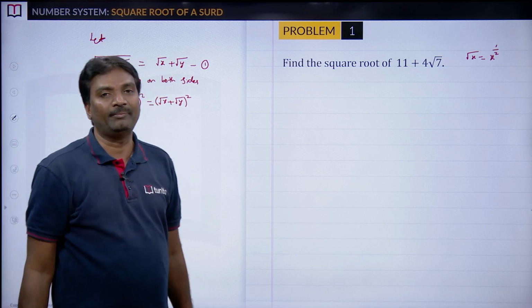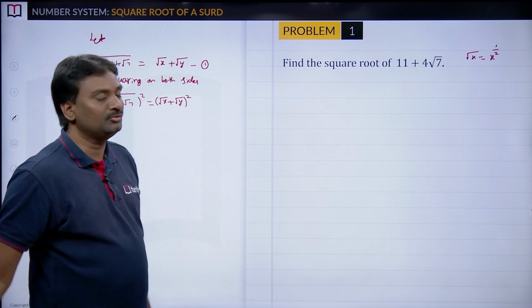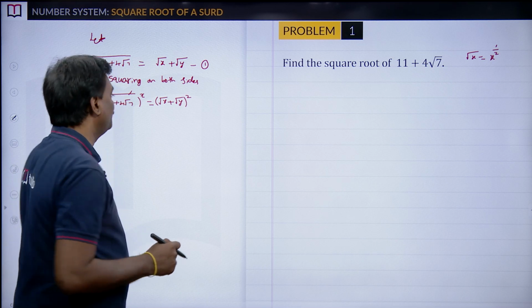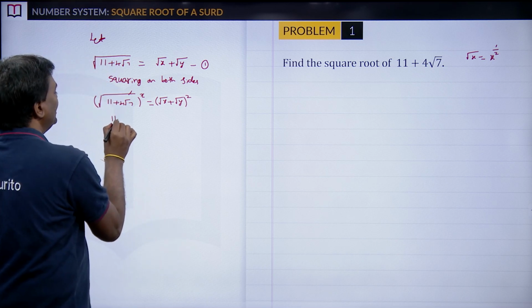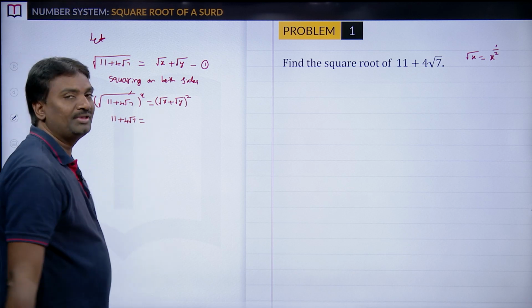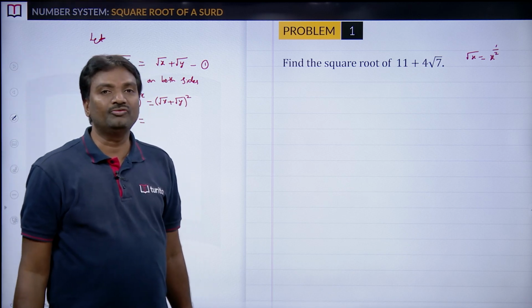So power 1 by 2 and power 2 get cancelled. That's why here we can cancel the square and square root. Now the remaining part is 11 plus 4 root 7 equal to the RHS, root x plus root y whole square.